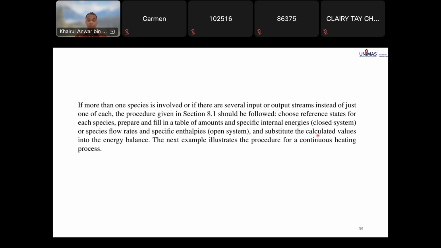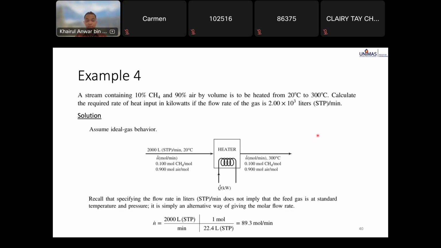Choose reference state in table. One is already here. The example is the procedure for a continuous heating process.